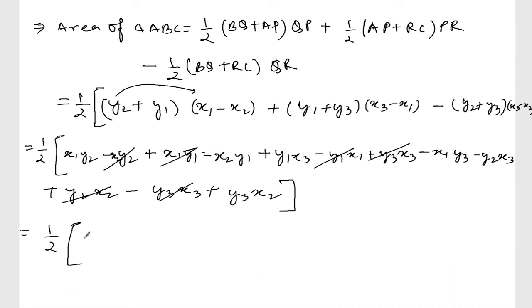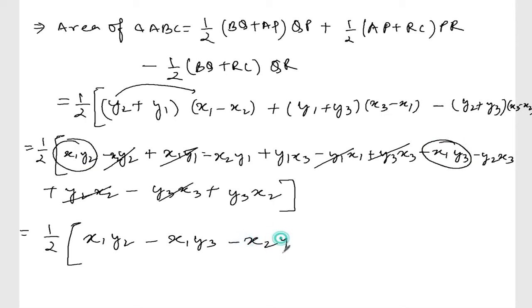So fine, let us write down the remaining one. X1 Y2. Okay, next let me write down X1 Y3 minus X1 Y3. So I have written down this one and this one, finished. Next, minus X2 Y1.